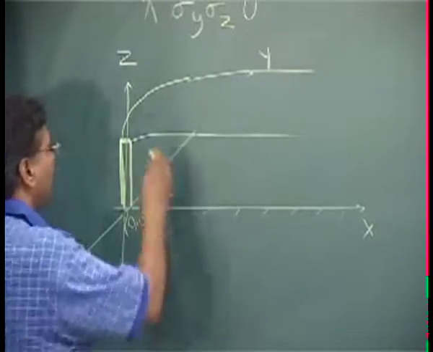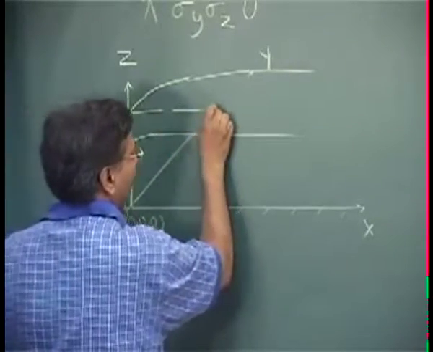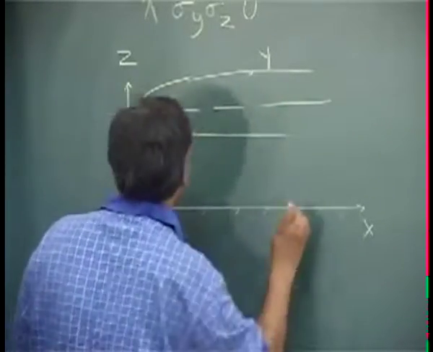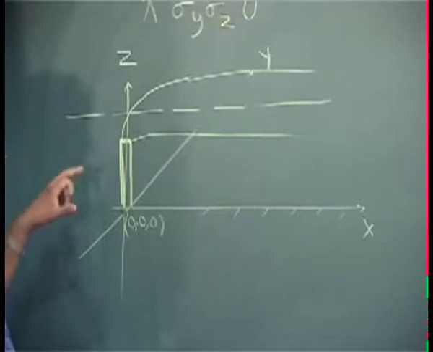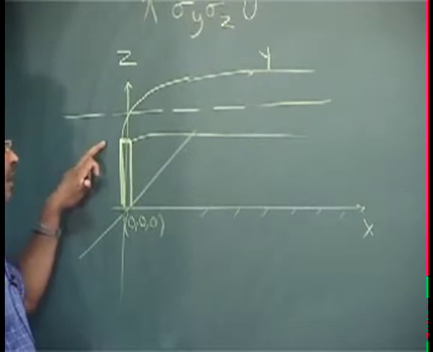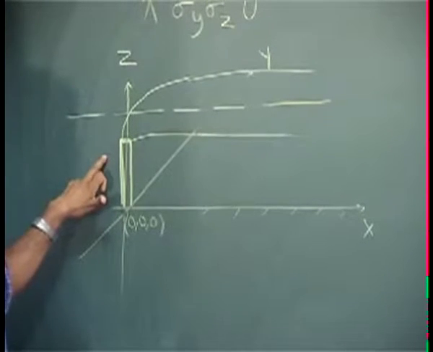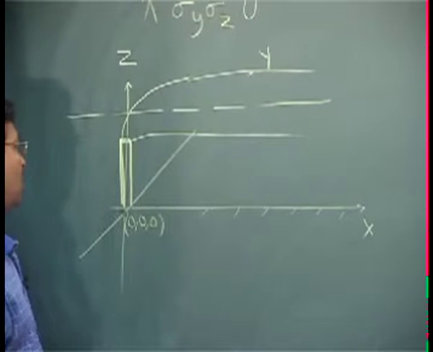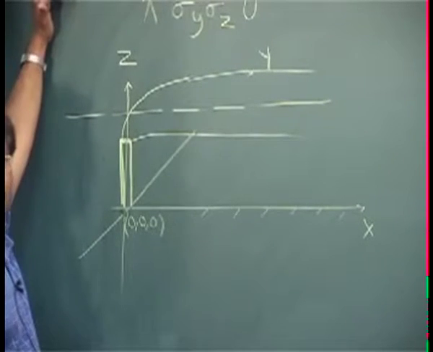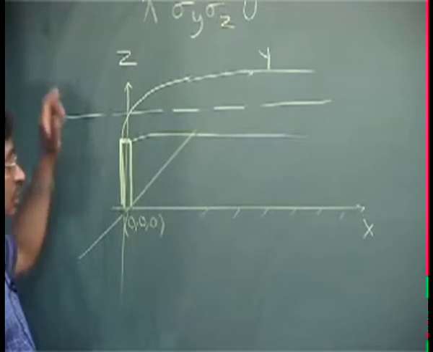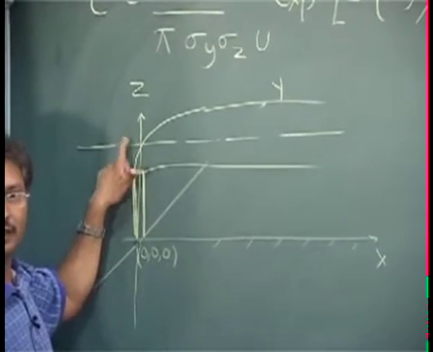If I draw the center line of the plume, most of the time I will encounter sources which are not sitting here but are elevated. So in this equation we have to modify it for the source which is not here, but somewhere here.